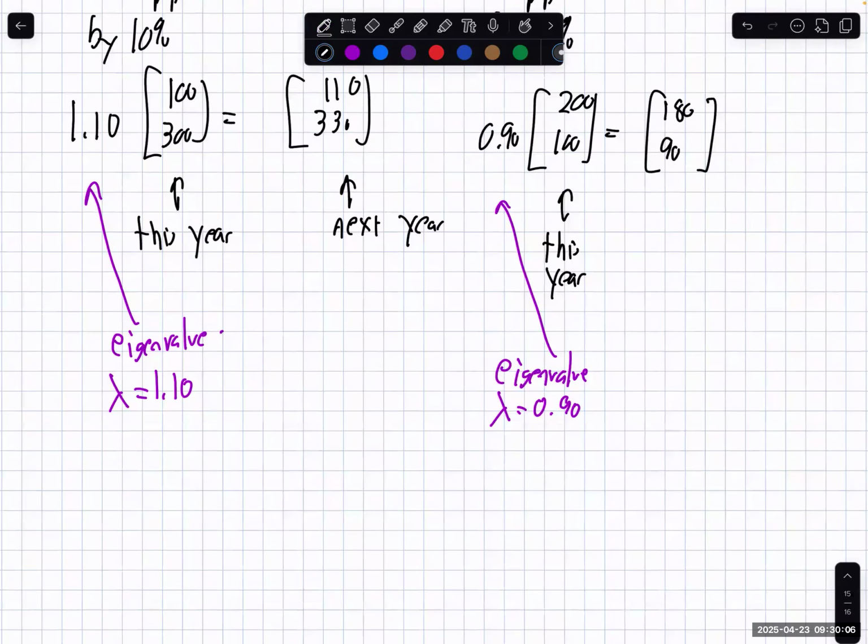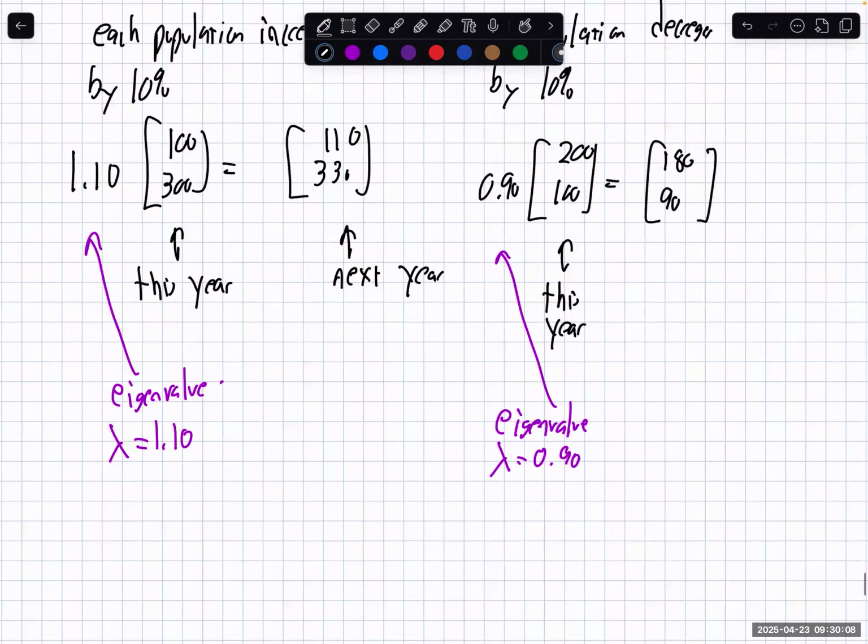Okay, so let me use all these words in a way that's similar to how we're going to be using them.